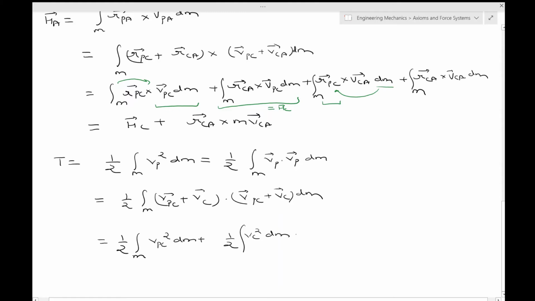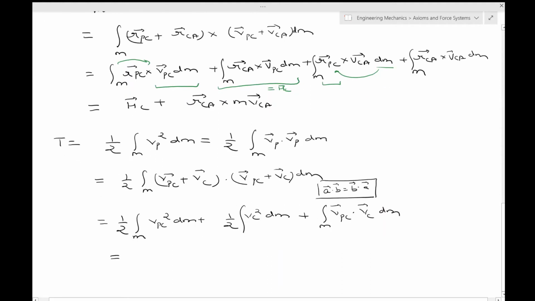Okay, then you will have two terms, half of vpc dot vc and half of vc dot vpc. So I am writing them combinedly as vpc dot vc dm, without the half because there are already two halves, and the rule is that a dot b is equal to b dot a. This is the property which we have used to write this.